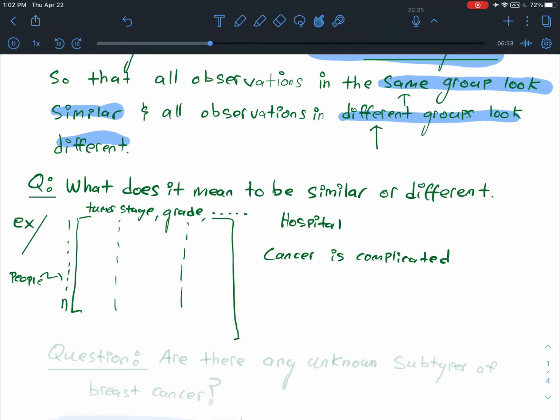So a question here, I'll just write question. A question for the hospital could be quite simple. Are there any unknown subtypes of breast cancer in their data sets?